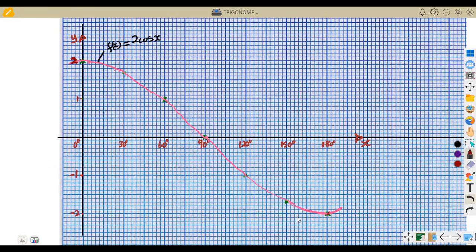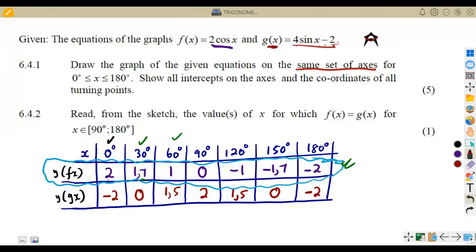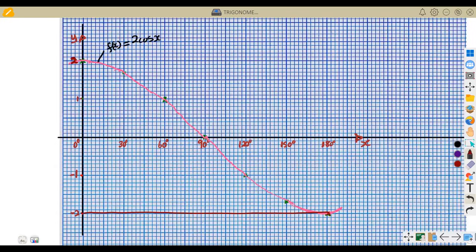The minimum value is going to correspond at -2. As you can see, this is simply taken from where? From this value of 2. It affects our maximum and our minimum value at -2, if you understand from those effects that we talked about.